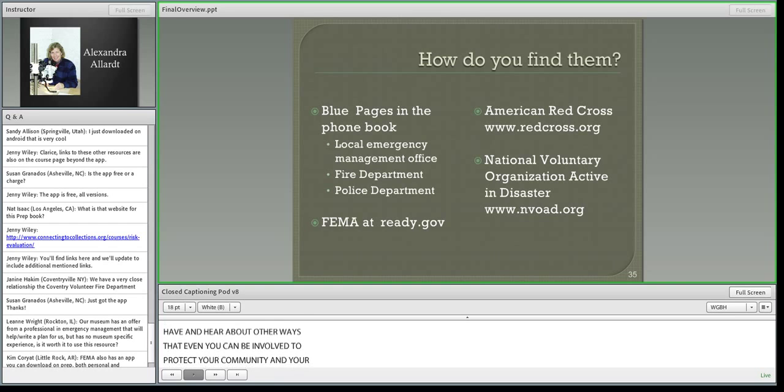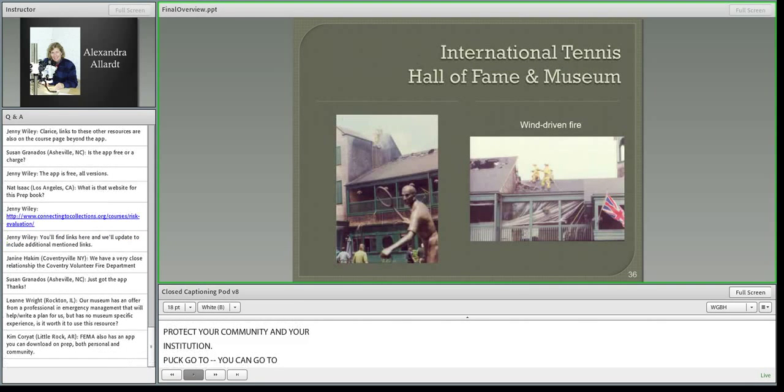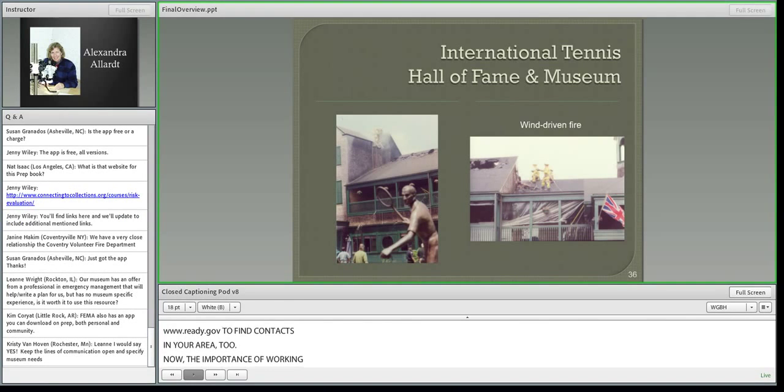Now, the importance of working with first responders reminds me of this 1993 fire. The cause did not start in this landmark historic building. A fire from the restaurant next door jumped onto the roof due to unusually high winds coming from an odd direction for us. The fire department was notified about 9 a.m. This institution did not have a written plan.